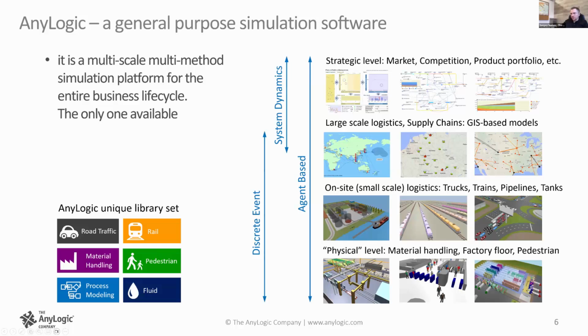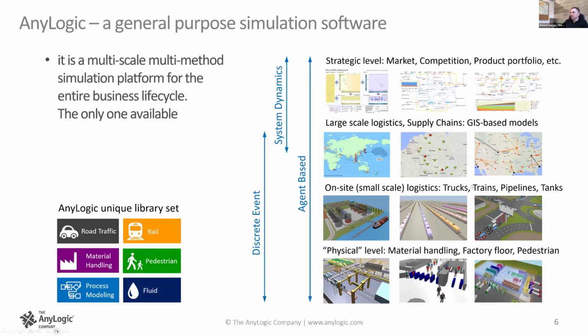If we look higher, we will see the map, and this is where AnyLogistics plays. So map and agent-based models where we have all supply chain objects connected by different means of transportation. And on the highest level of abstraction, we have economic models, for example, models that predict oil prices or foreign exchange rate.